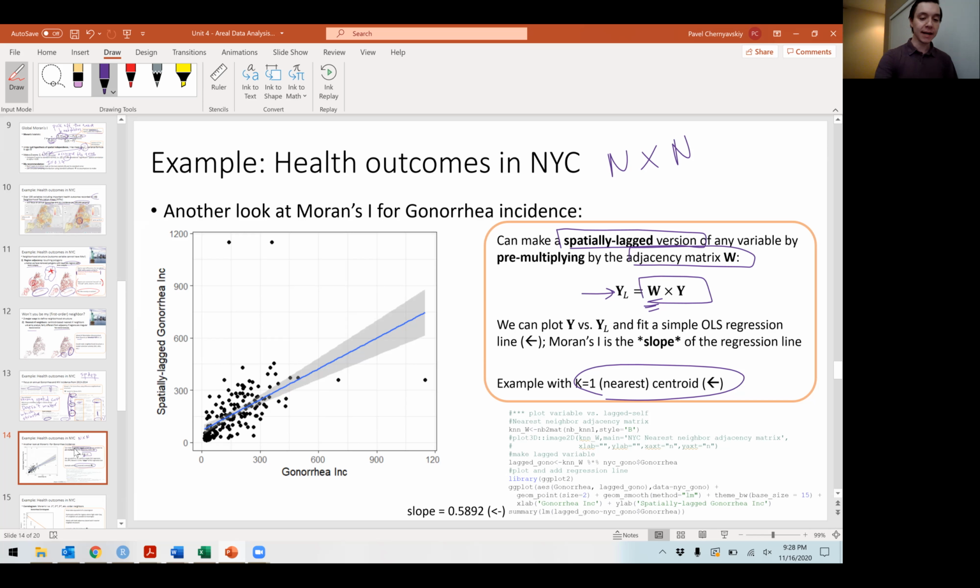Then if I plot my original outcome variable versus its spatially lagged version, we expect them to share a lot of information because we're just looking at the one neighborhood region. I just used ggplot2 to fit a regression line through these data. Again, this is the outcome variable versus its spatially lagged version. The slope of that line is our Moran's I. Here is my code. The slope that is reported is 0.5892. That's using the nearest centroid adjacency matrix.